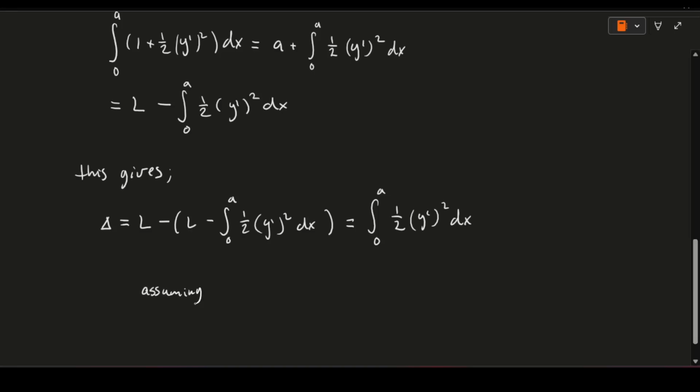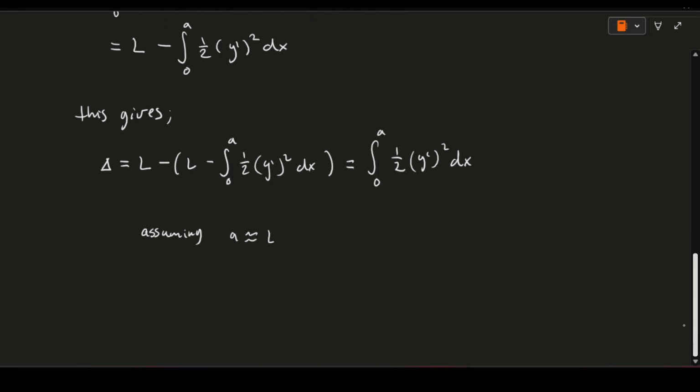Assuming a is approximated to be L, we get that delta is then equal to the integral from 0 to L of 1/2 y prime squared dx.